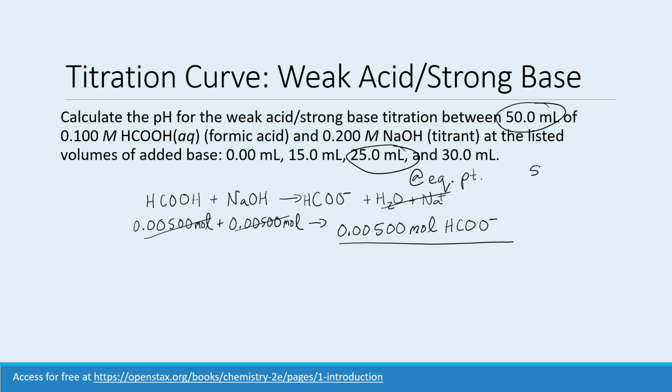Of course, you have the 50 milliliters starting out plus the 25 for a total of 75 milliliters. Okay, so we'll take that moles of the weak base and divide by the milliliters in terms of liters, 0.075, and that will give us a concentration of 0.06 repeating.